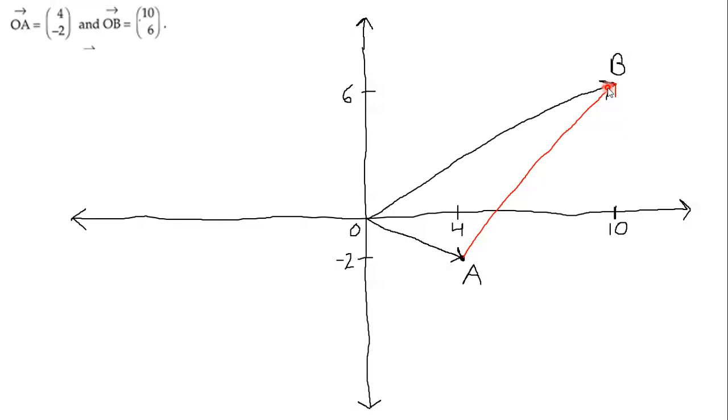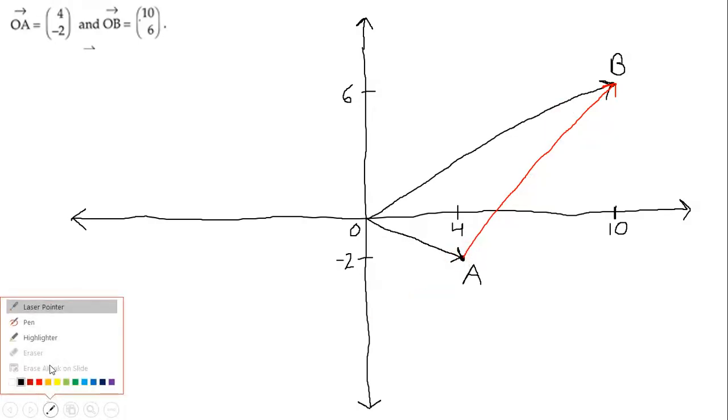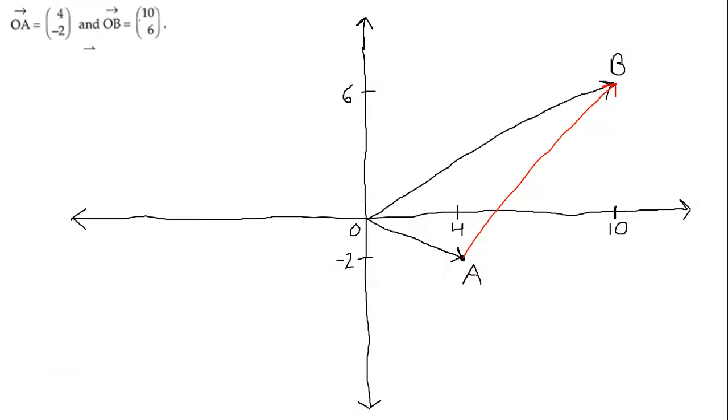So using this diagram, let us see how we can start at A and then go to B. How are we going to do it? There's two ways. We can go straight directly to B, but let's not use that route. Let's go the other way around. So if we start at A and we're trying to get to B, we'll need to start at A and then go to O. Then from O, we go to B. So let's remember that.